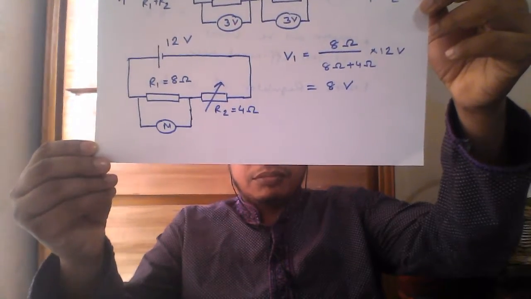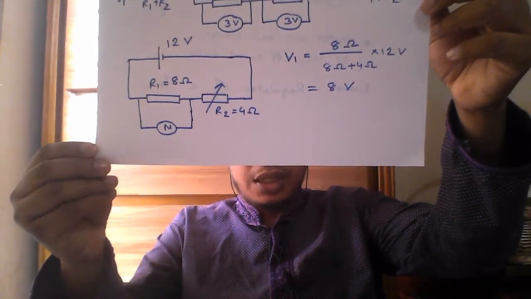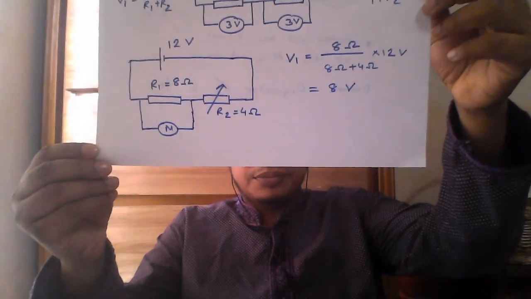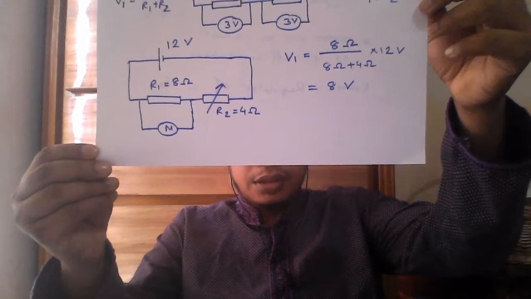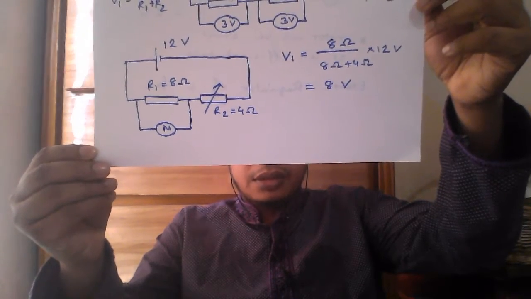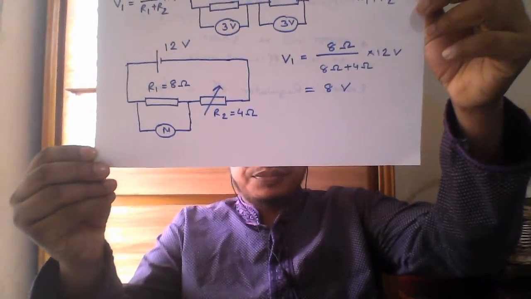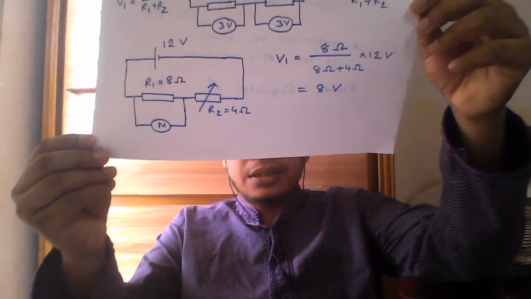So the motor is connected to R1 in parallel, and that's why whatever voltage R1 is getting, the motor will get the same one. We have beside it R2.